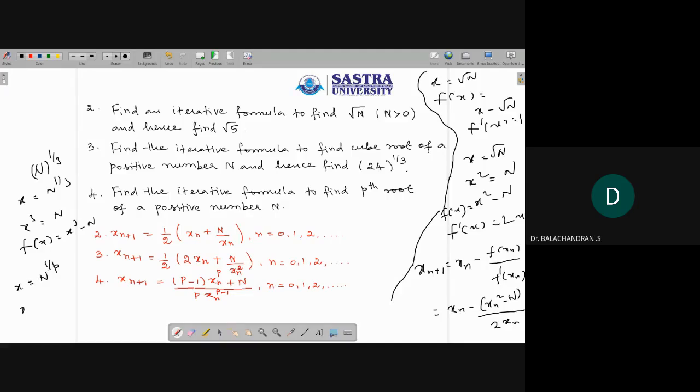So x power p equal to n. Let us take f of x is equal to x power p minus n. Find the first derivative, f dash of x, that is p into x power p minus 1, and then use the iterative formula, you will get this answer.